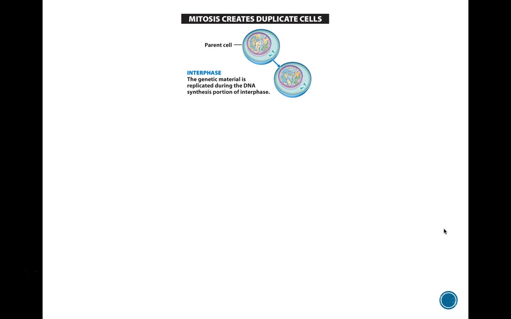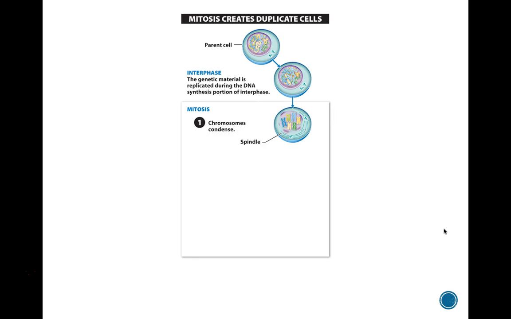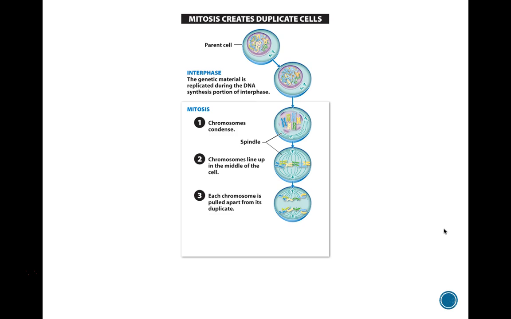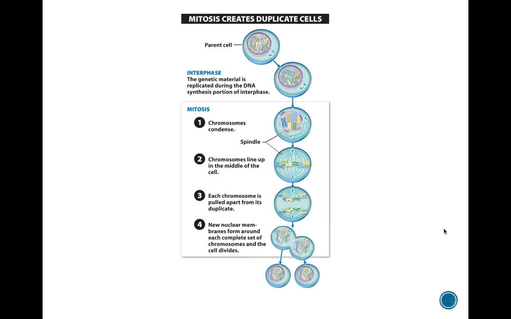If you look really closely, all of those chromosomes have sister chromatids. Mitosis begins, chromosomes condense, spindles form, chromosomes line up in the middle of the cell. Each chromosome is pulled apart, and then our nuclear envelope reforms and the cell completes cytokinesis.